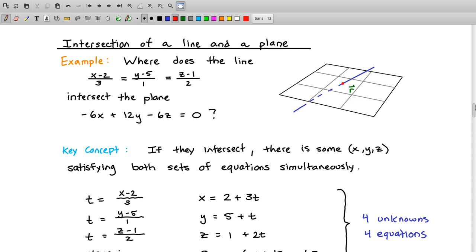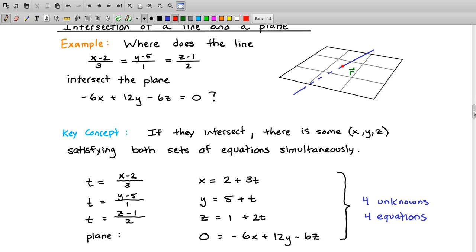It's that if a line and a plane intersect, then at some point, they occupy one point in space in common. At least one point. If they intersect, it's one point. If the line happens to lie in the plane, it could be an infinite number of points. And if they're parallel, then they wouldn't occupy any points in common. But suppose we assume that there's one point in common, and we're looking for it. Then we take the representation of the plane.